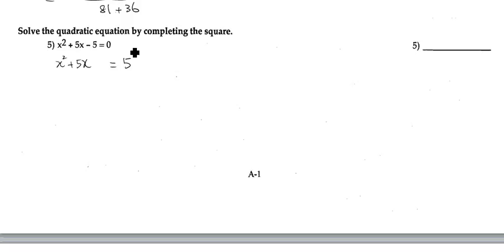So what can we add? Maybe add the b squared. But what is b? How can I tell what b is? b would be half of 5. So next step, we add 5 over 2 squared.